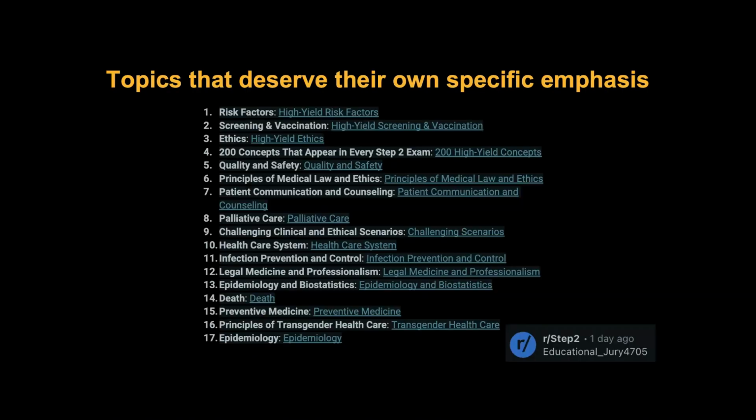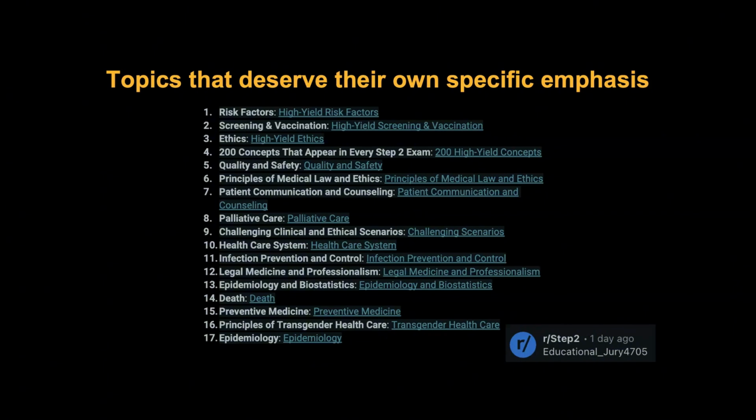With that, here is a list of topics that deserve their own specific emphasis. Specifically, Amboss has a lot of separate little modules within it that cover these different things, and that's really useful. These aren't necessarily what you would expect to be super high yield, but they're becoming more and more important every single year.